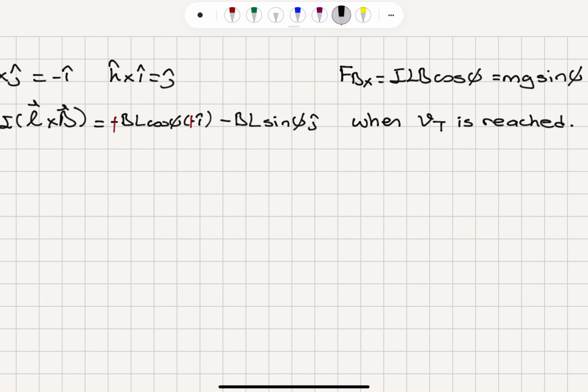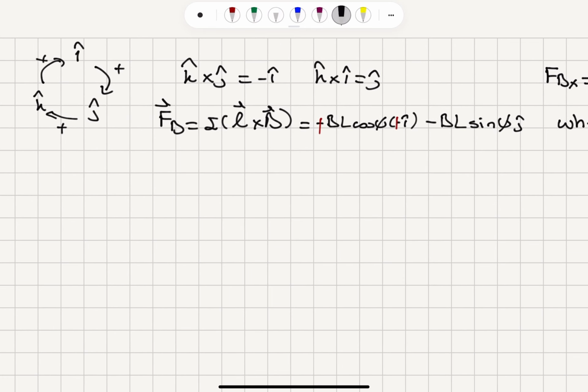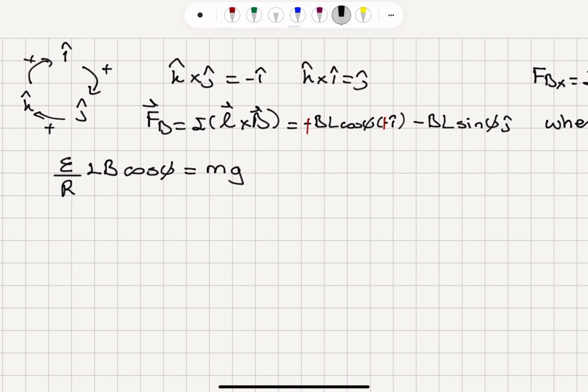Now the induced EMF epsilon divided by the resistance R is the current. So epsilon over R, LB cosine phi is equal to mg sine phi.